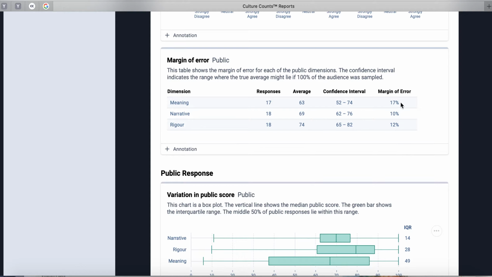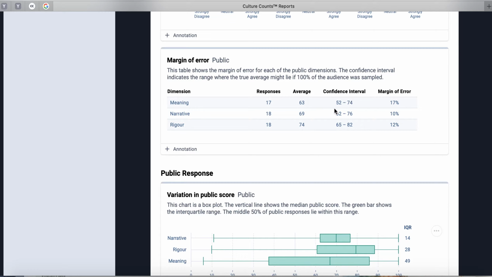A margin of error at 17% is quite a big margin of error, and that is reflected in this confidence interval. What this is showing me is that if 100% of the audience had been surveyed, the true average would probably lie somewhere between 52 and 74 for meaning.